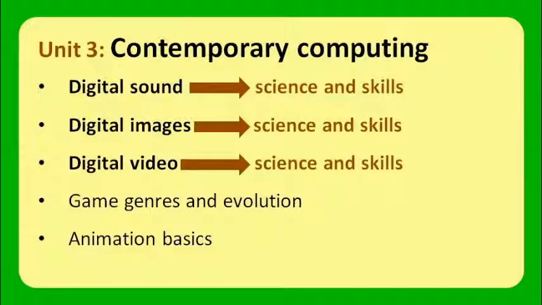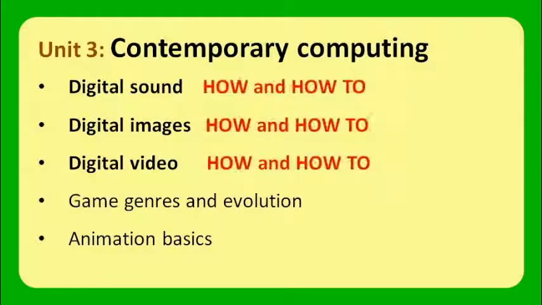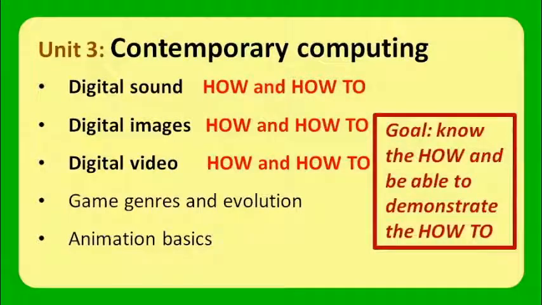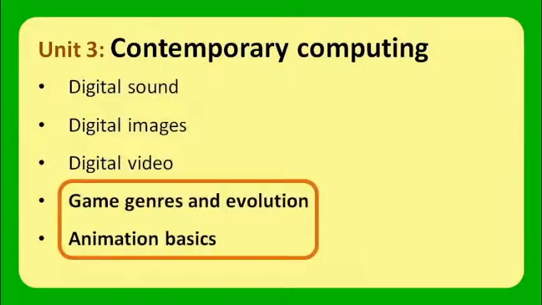What this really means when I say science and skills is the how and the how-to. The goal is going to be for you to know the how and demonstrate the how-to. And the last 2 topics we'll talk about, game genres and evolution, and animation basics, all get into the idea of simulating reality, either for recreation purposes or for training purposes.